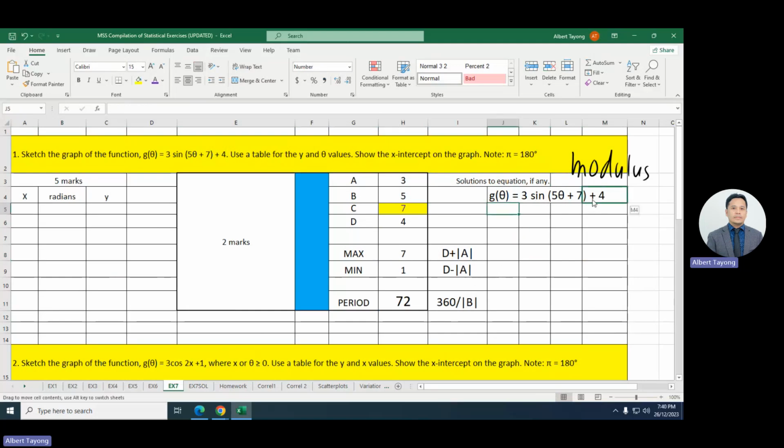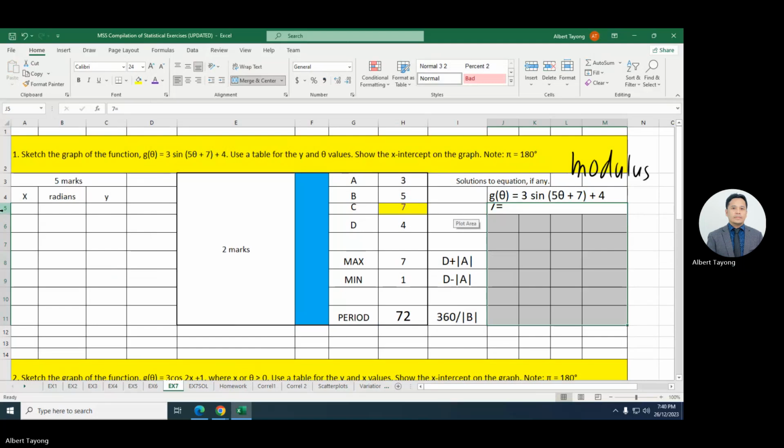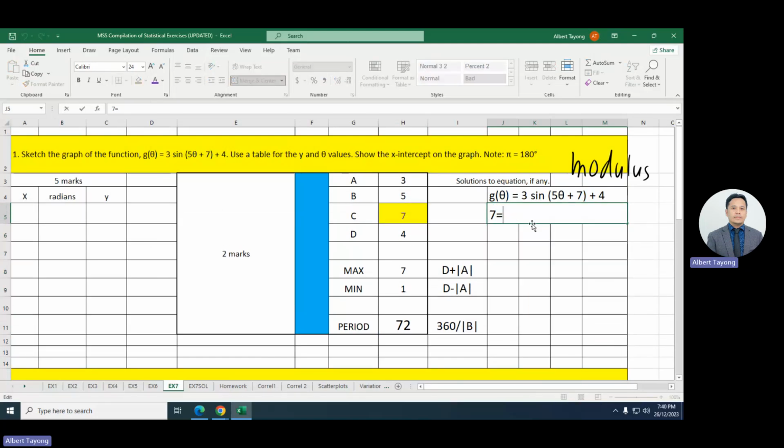So 7, you can merge this. 7 equals 3 sine (5x plus 7) plus 4. Change theta to x, because it's difficult to write theta. Theta is equal to x, always.